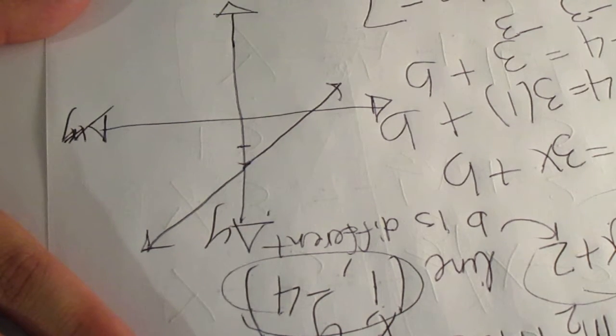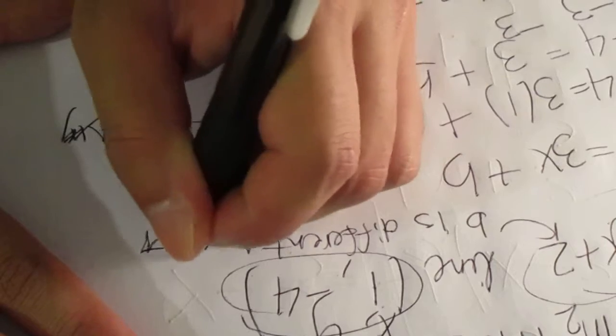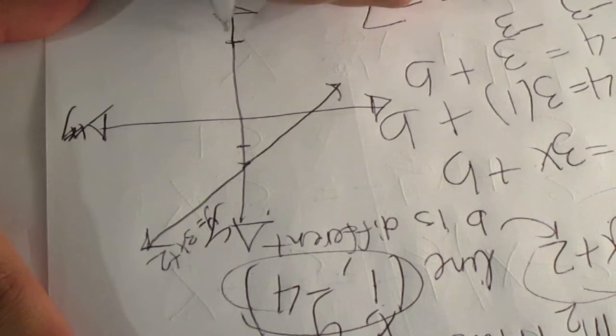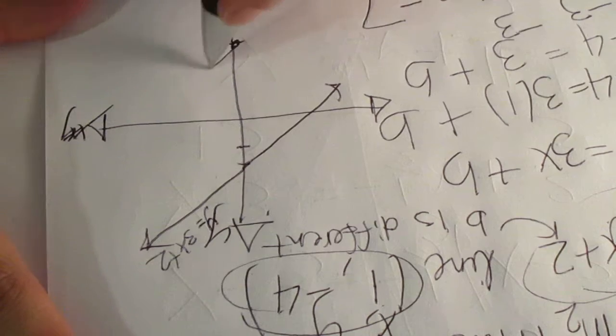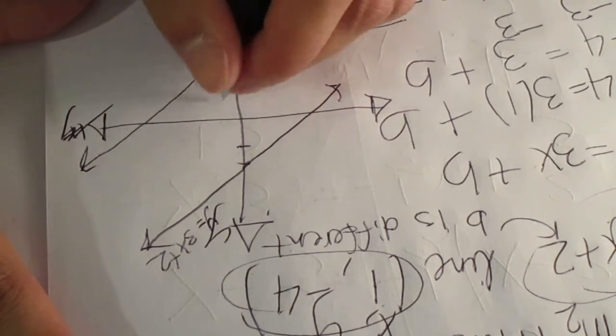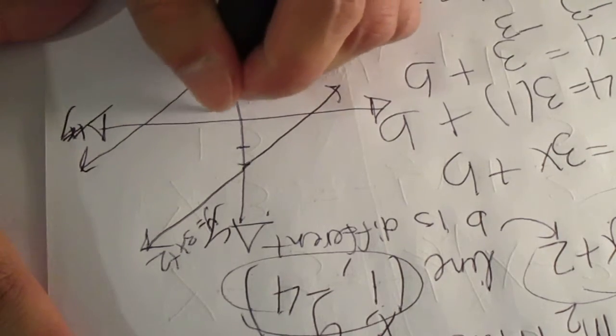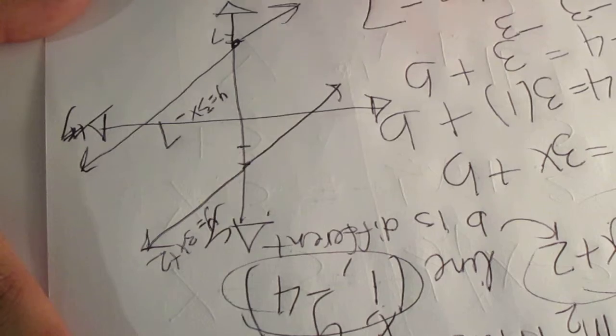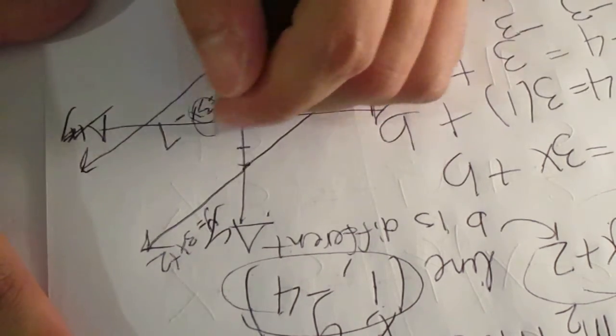And then y equals 3x minus 7 somewhere around here. Here's negative 7, it has a y-intercept of negative 7. It would look something like this. So you know that they're parallel because their slope is the same.